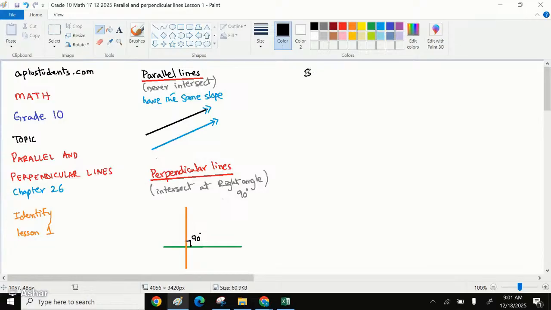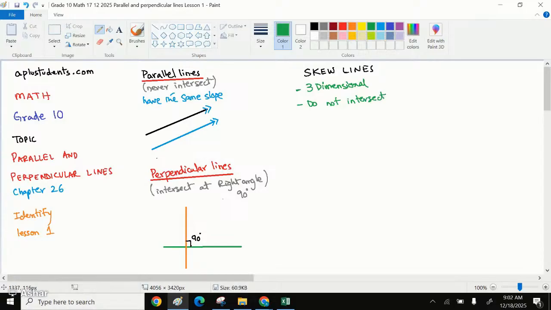So in case of skew lines, a skew line is in three dimensions. They are in 3-dimensional space and they do not intersect. Do not intersect.